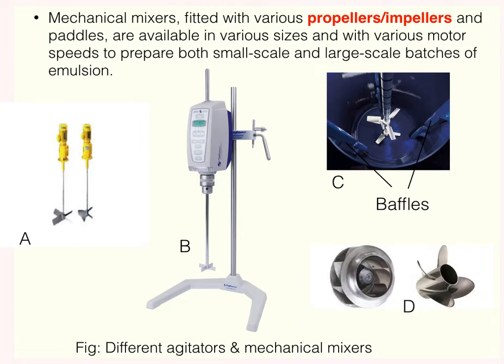That's why they are useful for preparing emulsions. Production size mixers used in the pharmaceutical industry include high powered propeller shaft stirrers or paddle systems immersed in a large tank. As you can see in diagram C, there are baffles present in a tank. These baffles often are built into a tank to increase mixing efficiency.